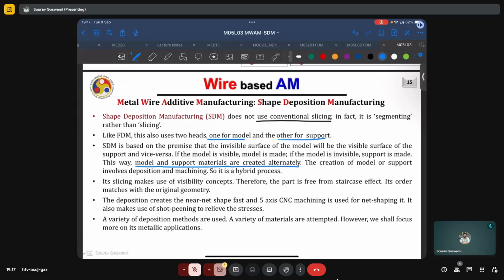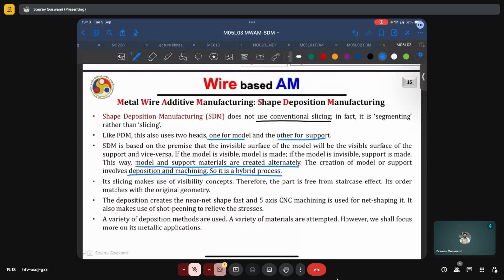The creation of model or support involves deposition and machining, so it is inherently a hybrid process. The slicing, as we discussed, is not typical slicing but rather segmenting, and it makes use of visibility concepts.